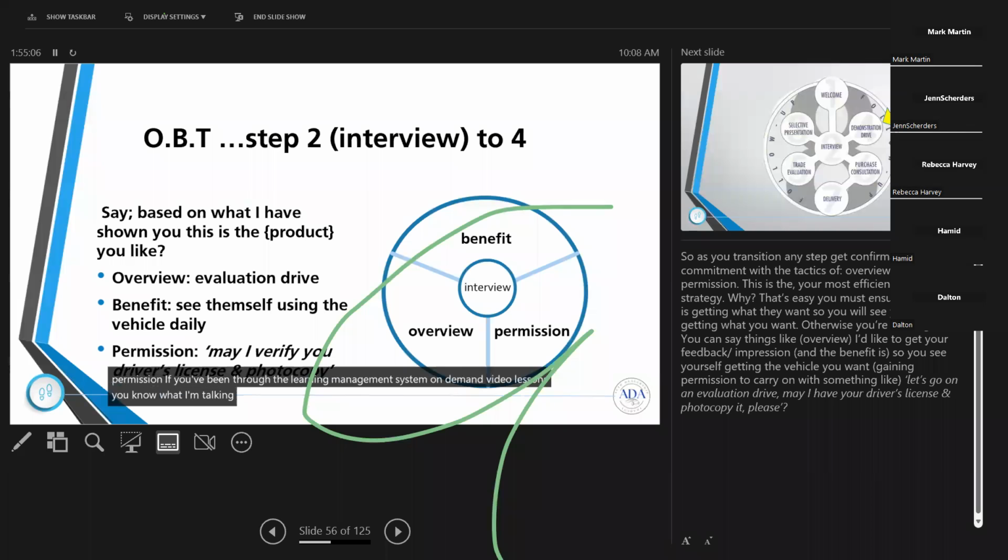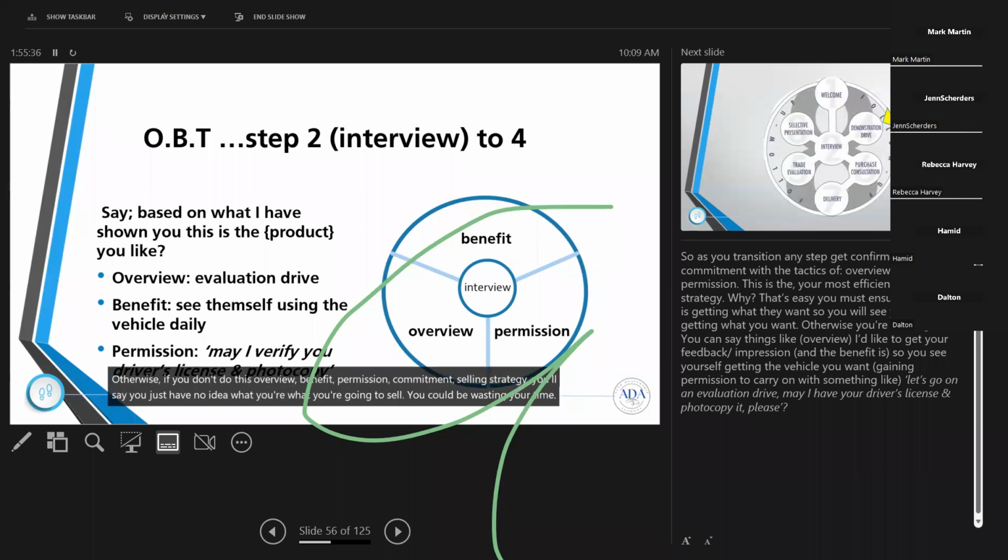This is your most efficient selling strategy, because it's the easiest way to ensure the shopper is getting what they want, so you see yourself getting what you want. Otherwise, if you don't do this overview, benefit, permission, commitment selling strategy, you just have no idea what you're going to sell. You could be wasting your time.